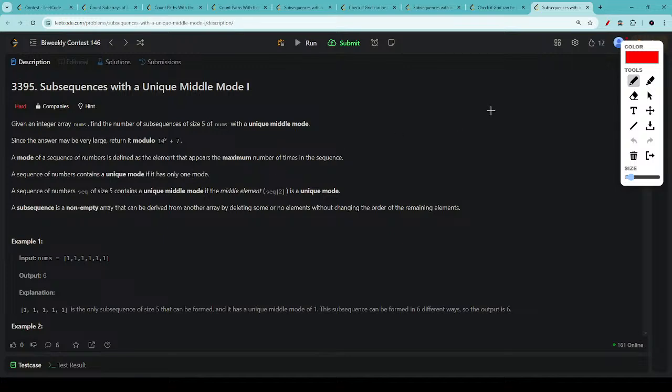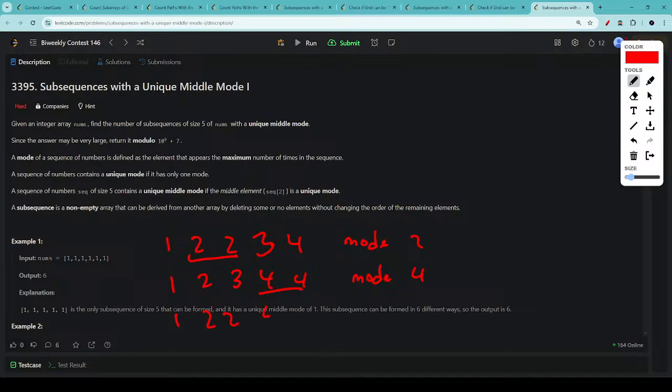So for instance, just to give an example of mode, 1, 2, 2, 3, 4. The mode is 2 because it appears twice, and it is unique because no other number appears twice. 1, 2, 3, 4, 4. The mode here will be 4, because 4 appears twice and no other number appears twice.